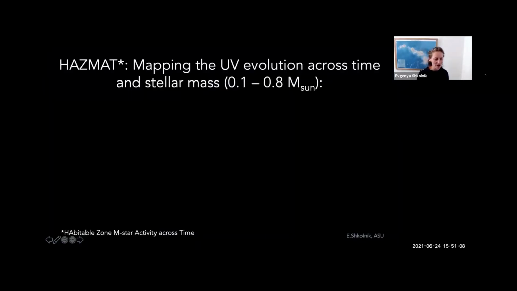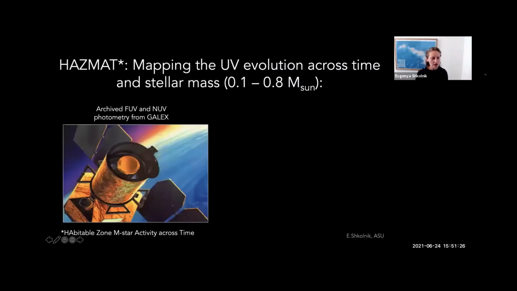So we started a few years back, in order to help answer this question, the HAZMAT program. It stands for Habitable Zones and M-star Activity Across Time, with a goal of mapping the UV evolution across the low mass star range, so going from late M's all the way to K stars as well. And to do this, we used the GALEX archive. GALEX is the last UV explorer that NASA funded.